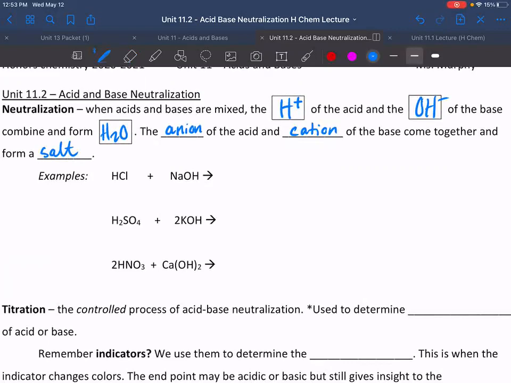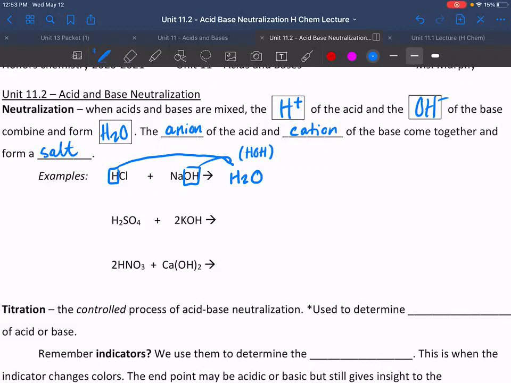So we have the H from the acid and the hydroxide from the base. Those come together and form water. Sometimes you'll see it written as HOH.